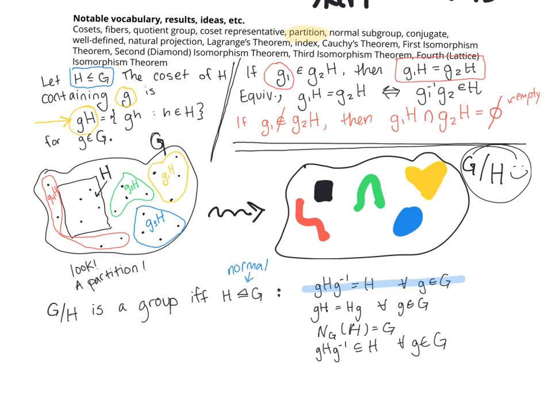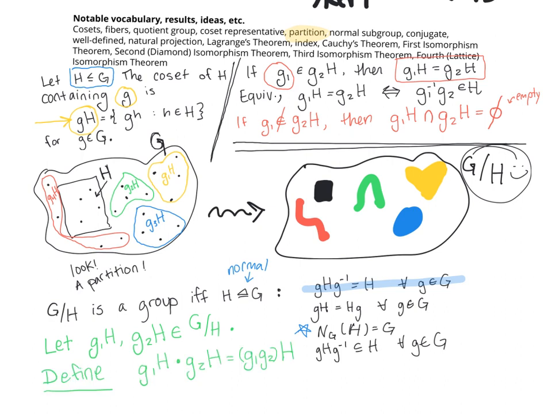Okay? If the normalizer in your group is the whole group, then your subgroup is normal, and that's what it takes for this operation on cosets, this set of cosets, to form a group. Now wait a second, you might be thinking, what operation on cosets? We've just talked about how we can collapse group elements into cosets, but now how do we operate on them, how do we put a group structure on this?